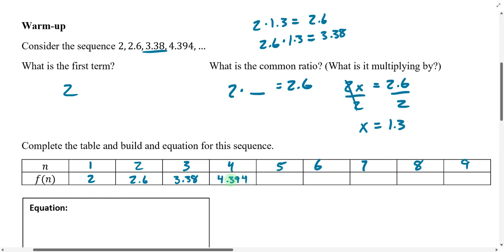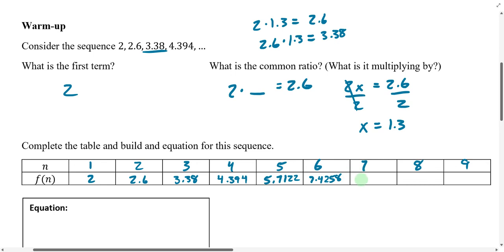All right, and then from there, I'm going to have to use this common ratio to extend the sequence. So if I take this and multiply by 1.3, I'll get the next term here, and that should be 5.7122. All right, then multiplying by 1.3 again, we should get 7.4258. Okay, and I think 4 decimal places is enough here, so we'll multiply by 1.3 again.